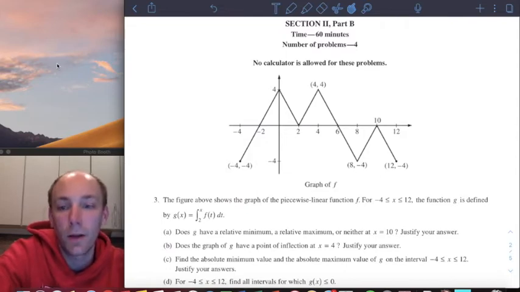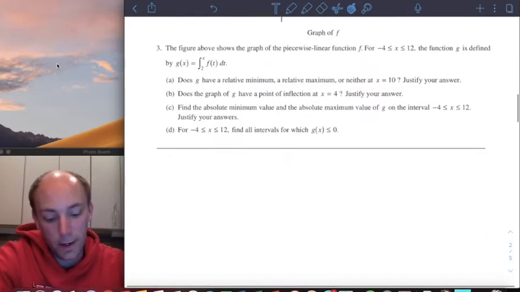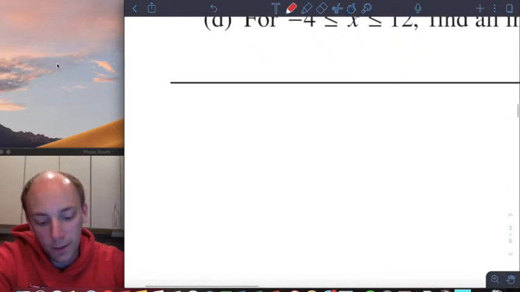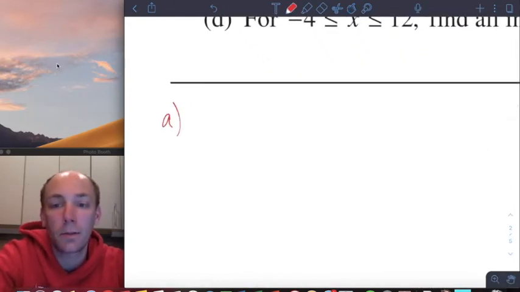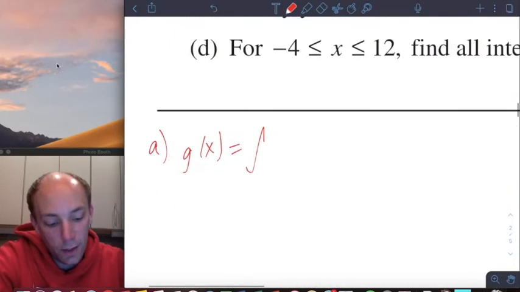Justify your answer. So for a minimum or maximum, what am I looking for, right? What do I need to be thinking of as I try to find a minimum or maximum, or even neither, okay? So in part A, let's remind ourselves when a minimum or maximum might occur. I have the function g of x equals the integral from 2 to x of f of t dt.